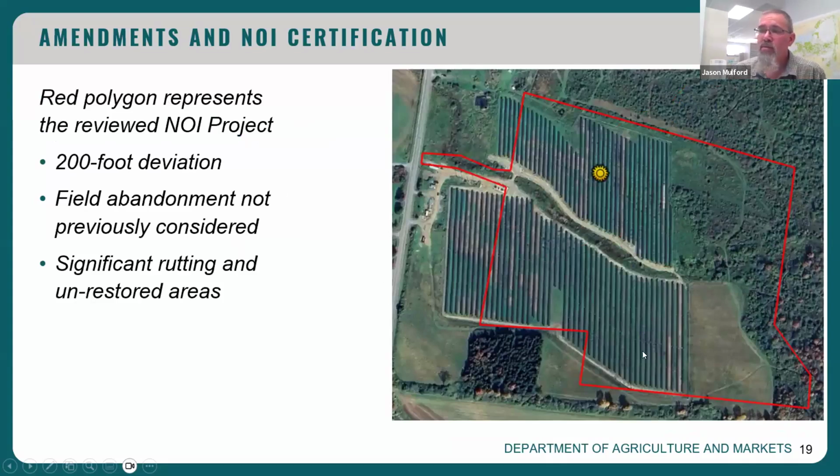This site had a 200-foot deviation in the facility, causing orphaned areas in the back portion of the facility. And this was an undetermined impact that the department didn't consider, so would our determination have changed?